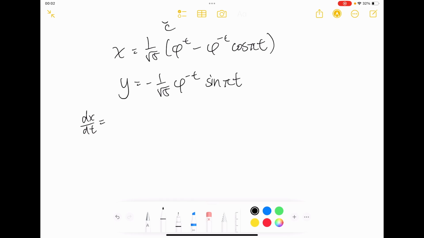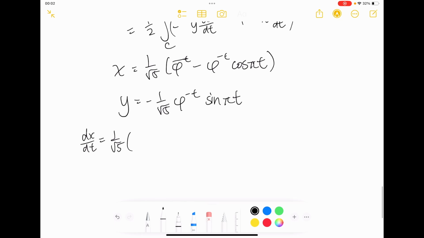So for dx/dt, we're going to pull out 1 over root 5, and let's start differentiating. This term is going to be phi to the t times natural log of phi, and we're going to have to use the product rule. So let's differentiate this part first.